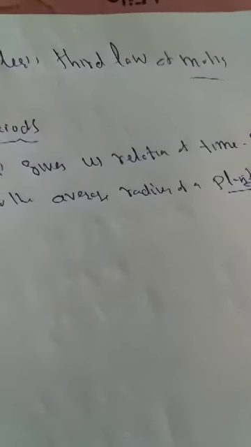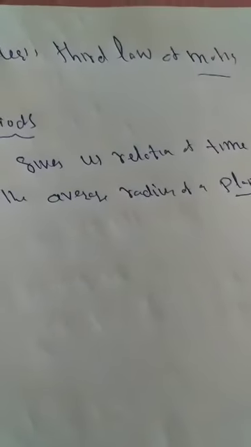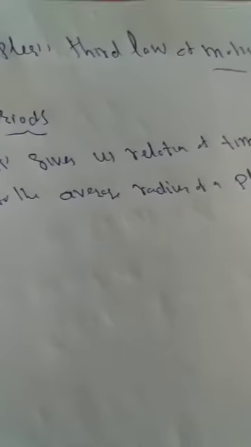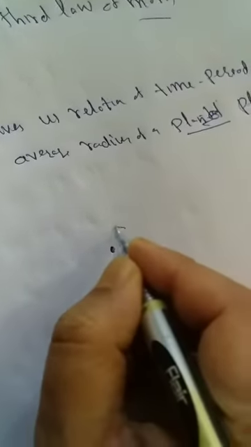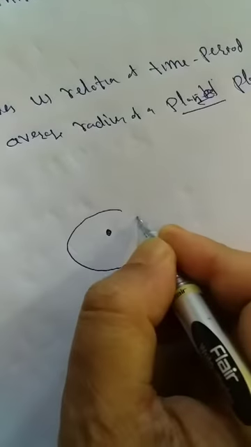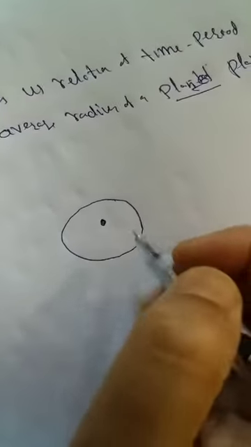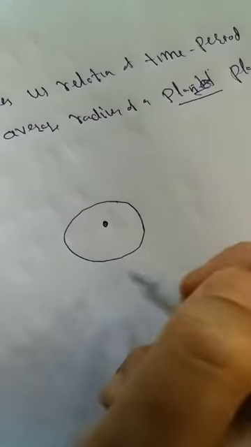So you know that the position of the sun lies in one of the foci. I have told you in previous classes. In radius, we take the average radius. Suppose this is the position of the sun. Suppose this is the orbit of one planet through which the planet is moving around the sun.